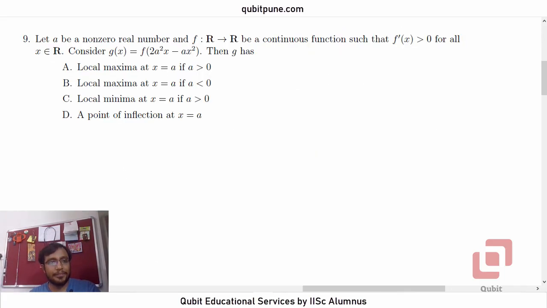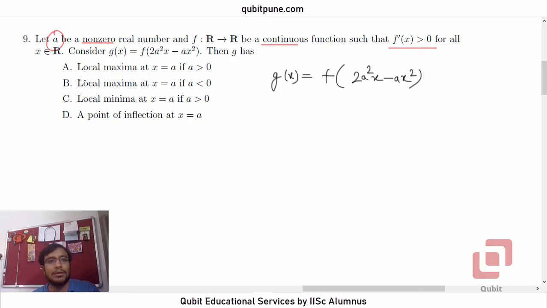Question number 9. Let a be a non-zero real number and f be a function from R to R, and let it be a continuous function such that f dash of x is positive for all x in the set of real numbers. Consider the function g of x given by f of 2a squared x minus ax squared.